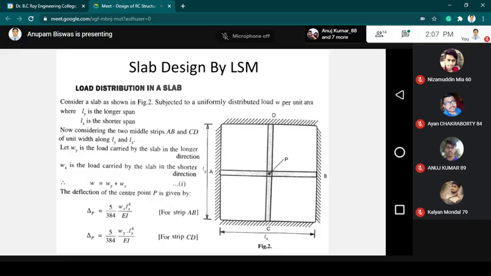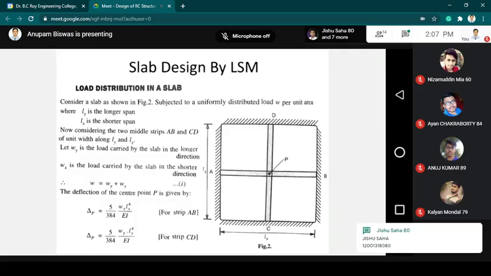then for the slab which is loaded by a UDL, that is omega or W per unit area, we consider the longer span as Ly and the shorter span as Lx.